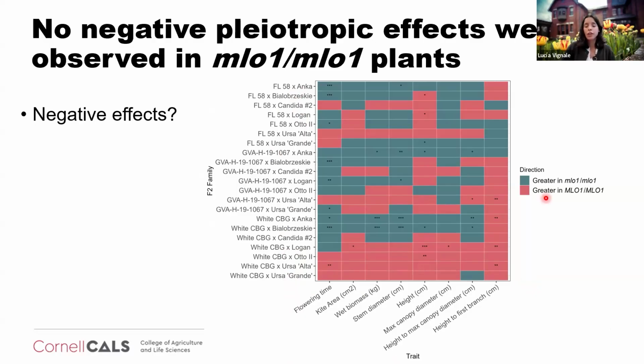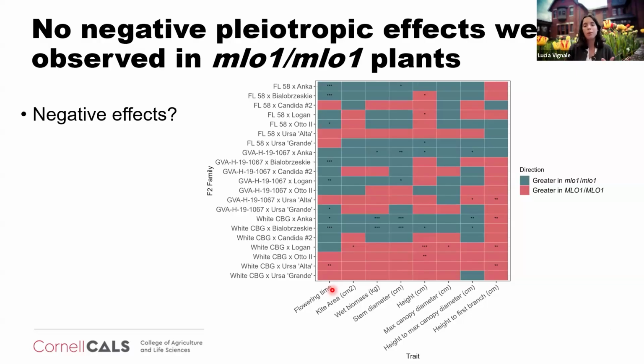If we take the average for each of the genotypic groups for each of the traits, you see that for some of them there are higher values for the group that was homozygous for the mutated MLO1, and there are other cases in which the homozygous wild types had greater values.